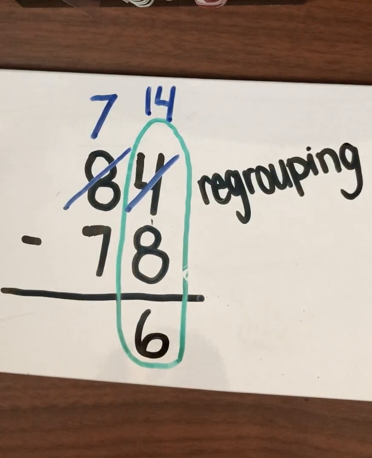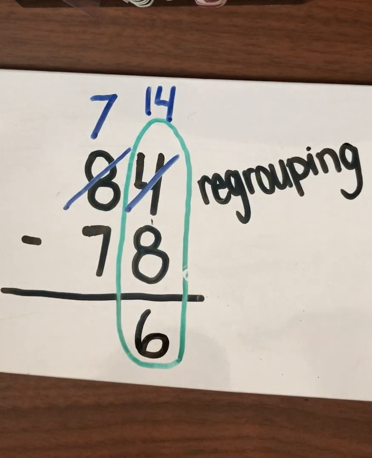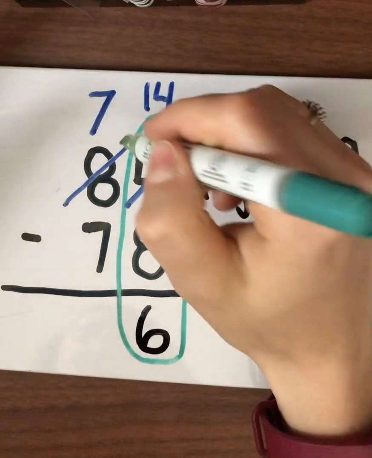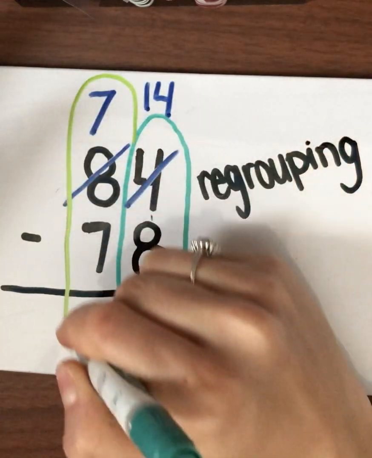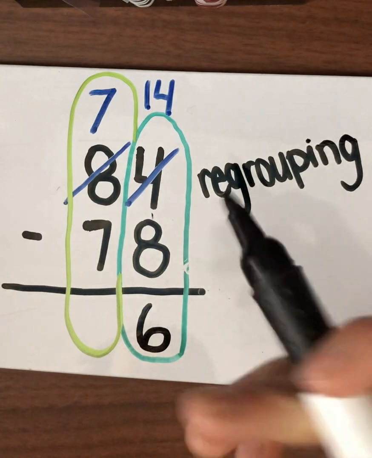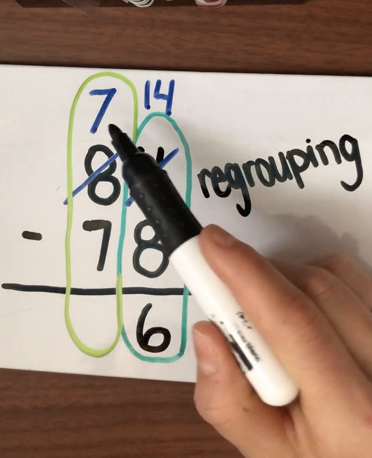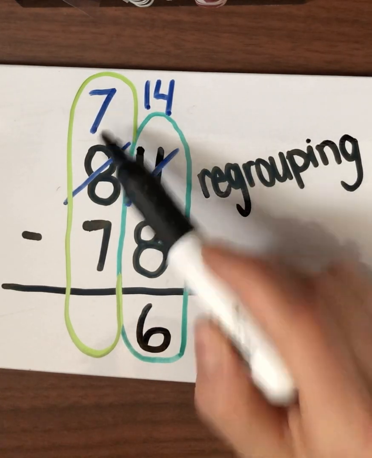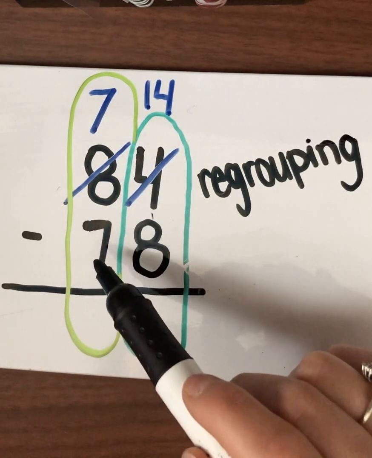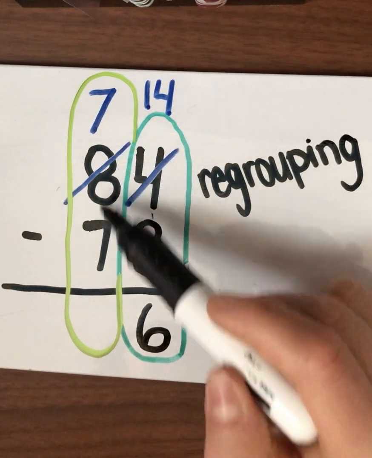No problem. Now we're going to head over to this side. I'm going to circle my 10s. And we're remembering that our 8 no longer exists. He's been crossed out. So in this column, we have 7 take away 7. Well, the top number is the same as the bottom number.